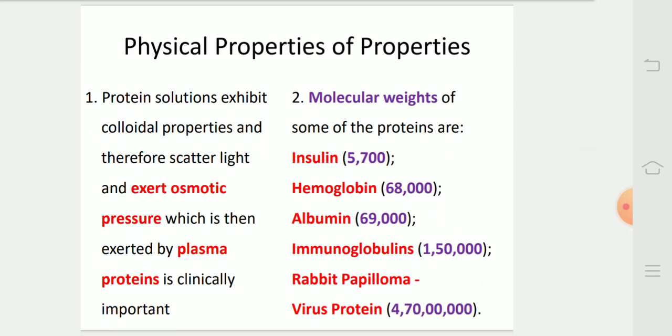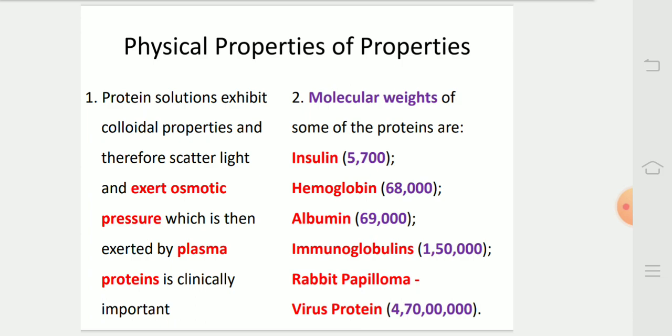Physical properties of proteins. Protein solutions exhibit colloidal properties and therefore scatter light and exert osmotic pressure. Osmotic pressure exerted by the plasma proteins is clinically important.